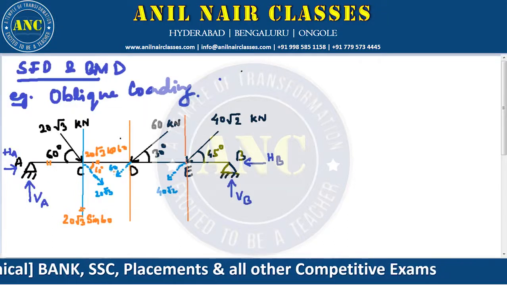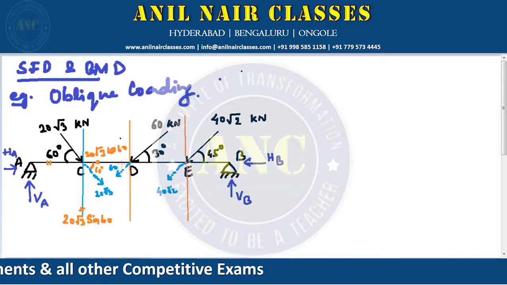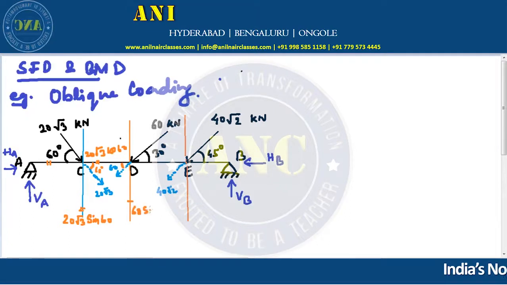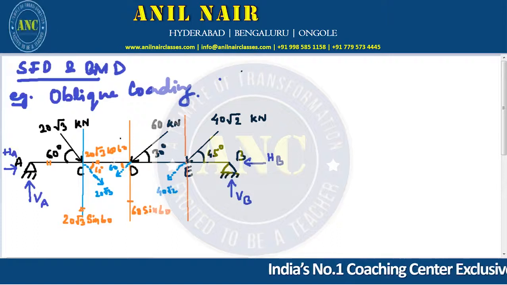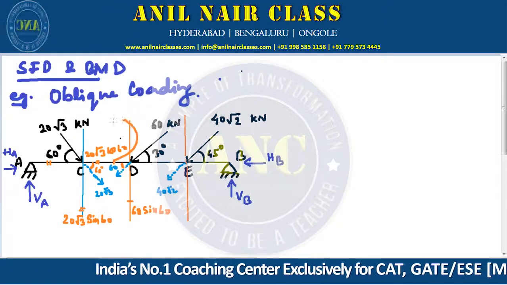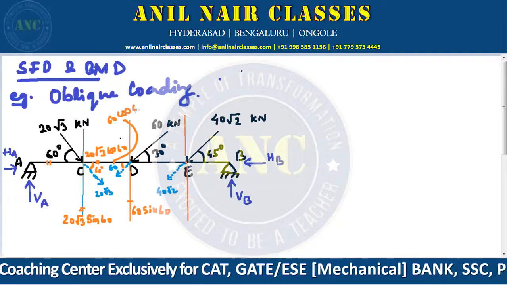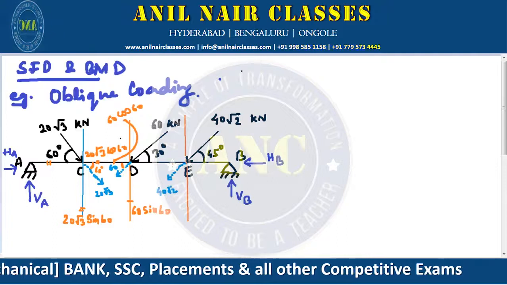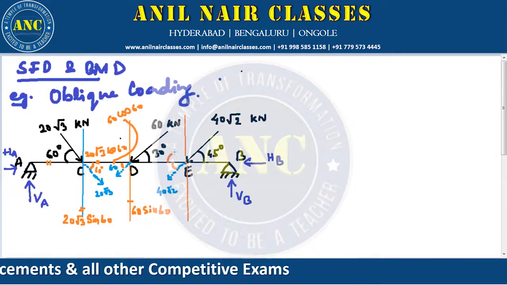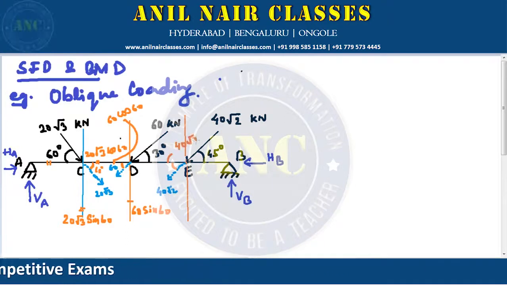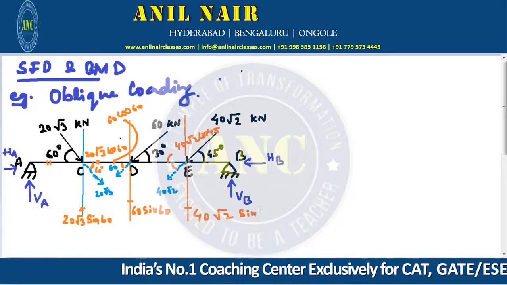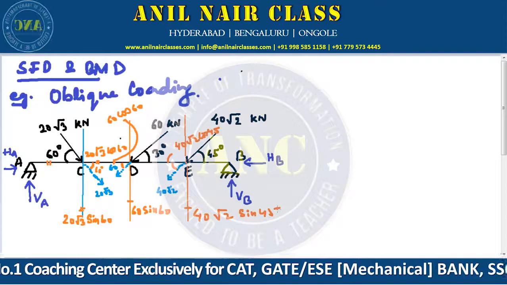Similarly here, it is making 30 degrees with the x axis. So this will be 60 sine 60, whereas this will be 60 cos 60, correct? Now coming to this, this is making 45 degrees with the x axis. So this will be 40 root 2 cos 45, whereas this will be 40 root 2 sine 45. Now we have resolved this.